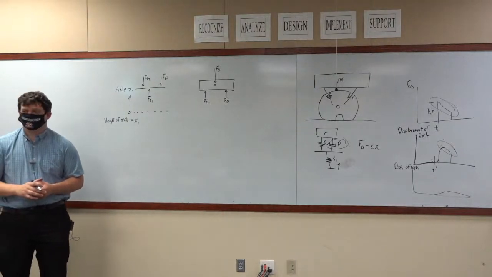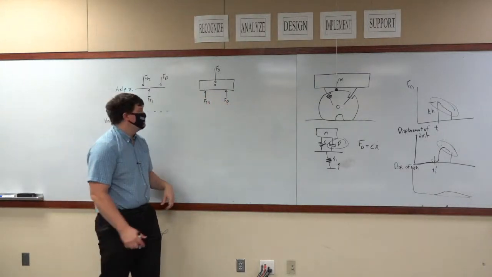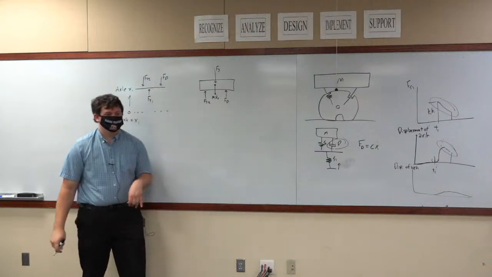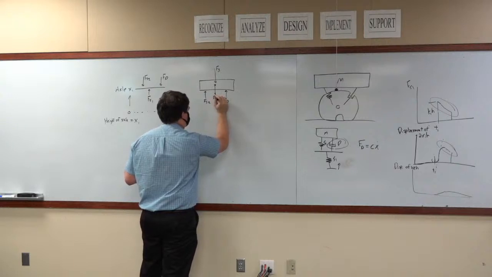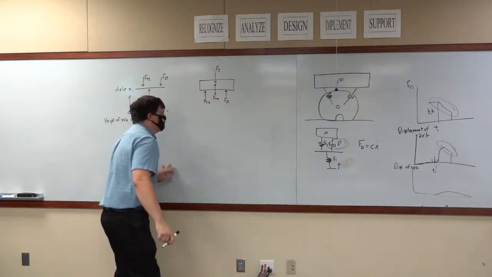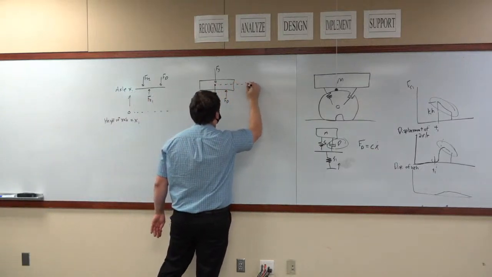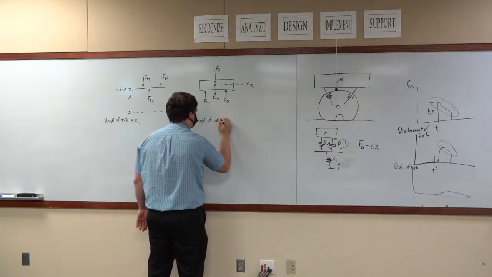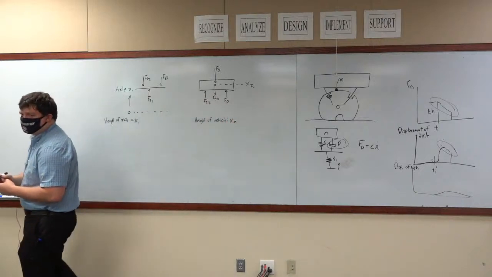It's the inertial force. Yes, you have a gravitational force that's weighing down on this. Yes, that's correct. But you also have your m times your acceleration, which is x2, which I should just write as F = m a2. The height of the vehicle is at x2. Height of ground is equal to 0.